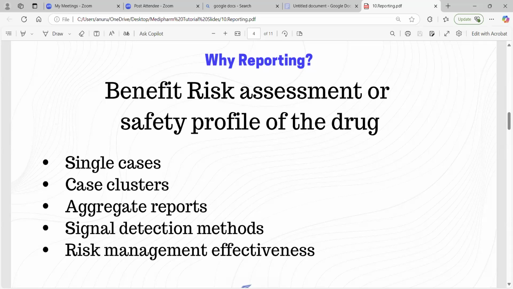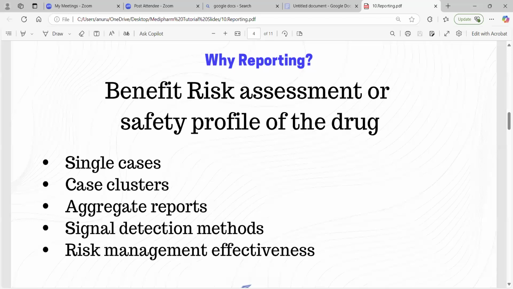Now, after the detection and signal evaluation, we do the risk management. So, what happens? You have a signal. When do we call an event a signal? When there are multiple patients who are suffering from the same adverse event. Once we have detected the signal, then we have to do the risk and benefit assessment.